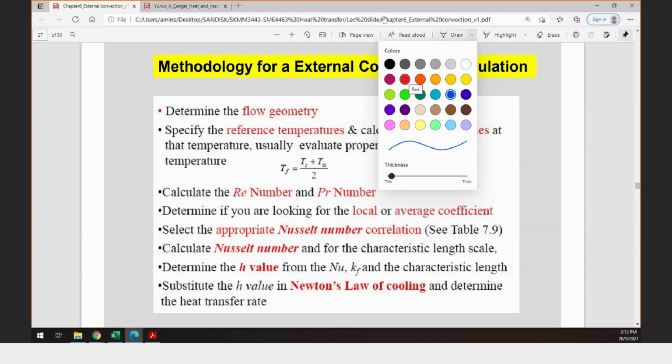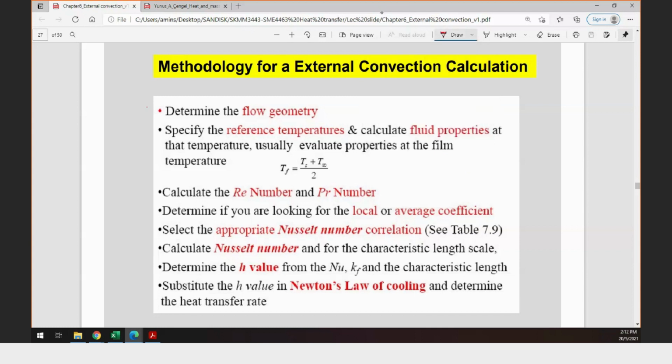So first, you need to determine the flow geometry, meaning you need to know whether it is a plate, a cylinder, or a sphere.